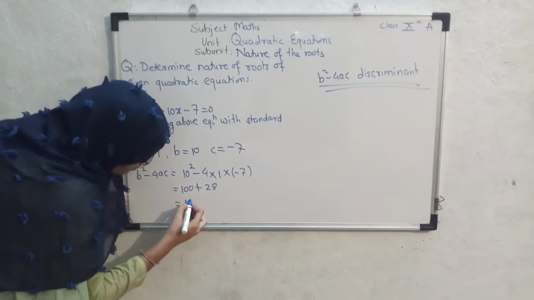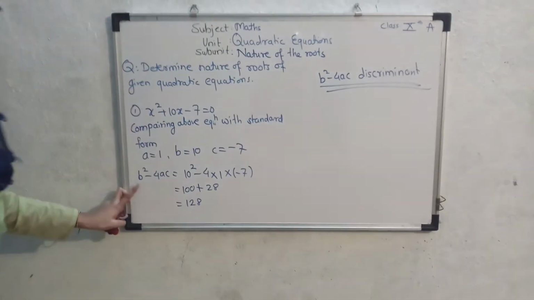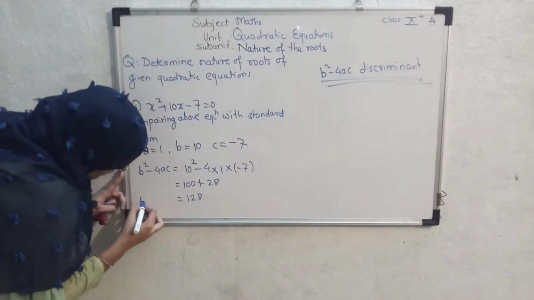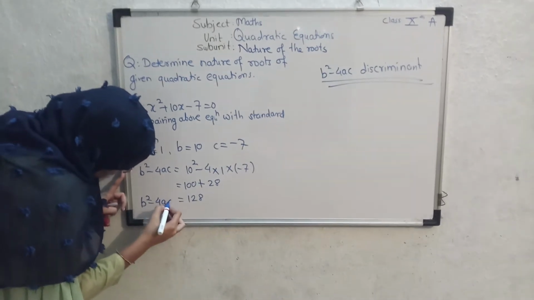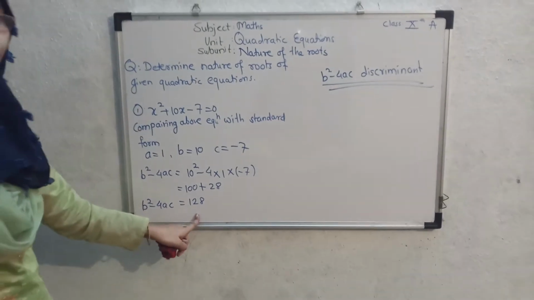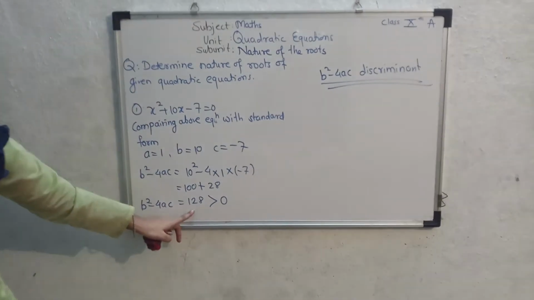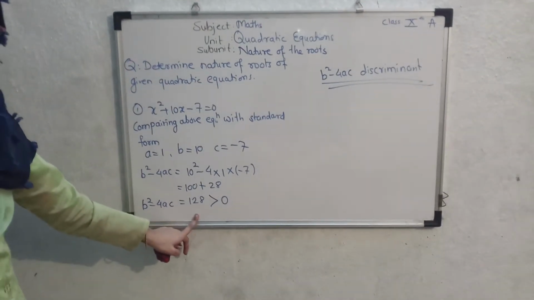Now we get 128. The value of b square minus 4ac is 128. Is it positive or negative? Positive, that is, it is greater than 0. Therefore, our roots are real and unequal.